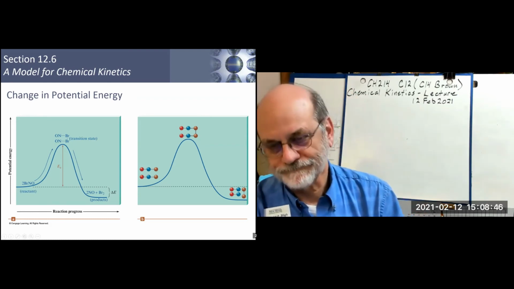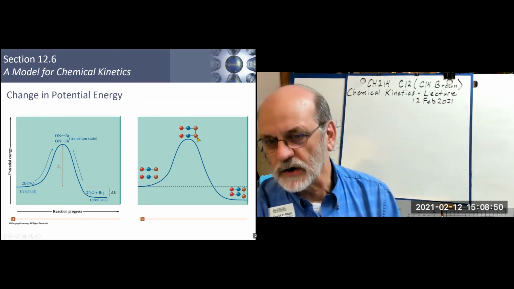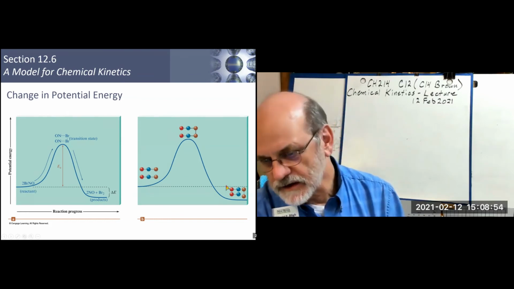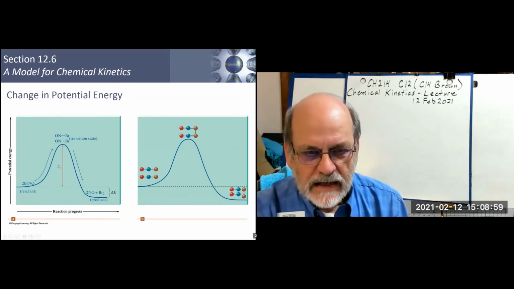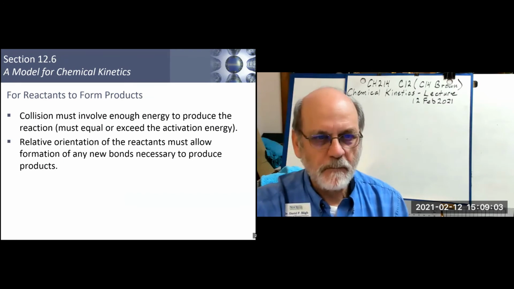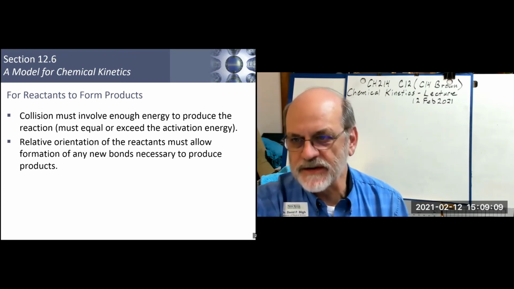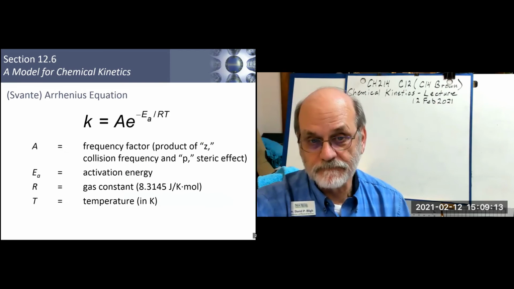Okay? So this is just an artist's rendition of what that might look like, to go from these reactants to these products. I'm just repeating myself here on this slide, not saying anything new.